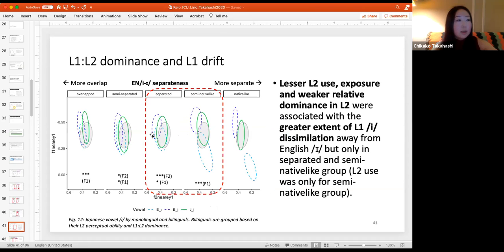We also looked at how L1, L2 relative dominance is related to the L1 drift. As for those relationships, lesser L2 use, exposure, and weaker relative dominance in L2 were associated with a greater extent of L1 E dissimilation away from English I, but the correlation was only found in the separated and semi-native-like group.